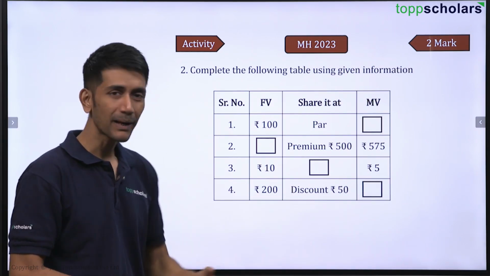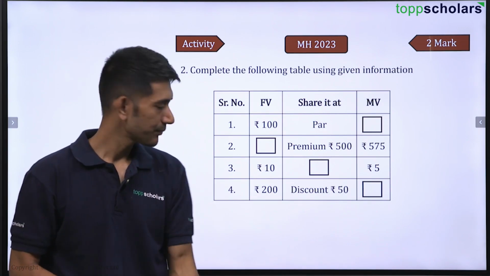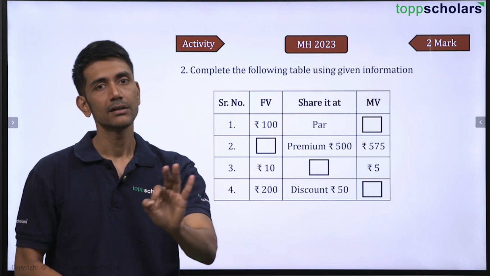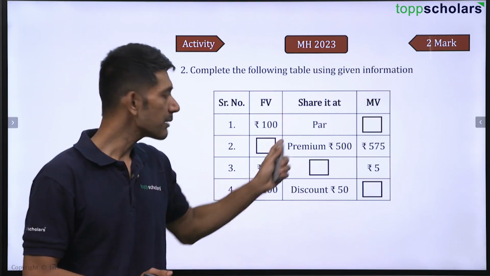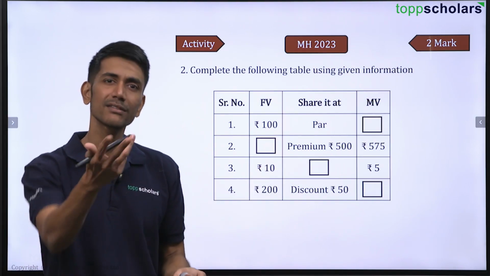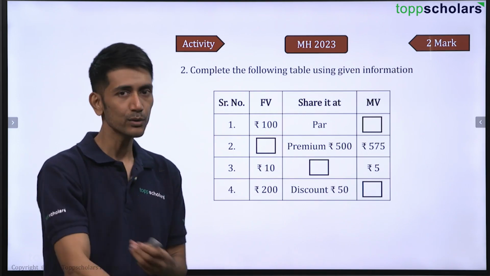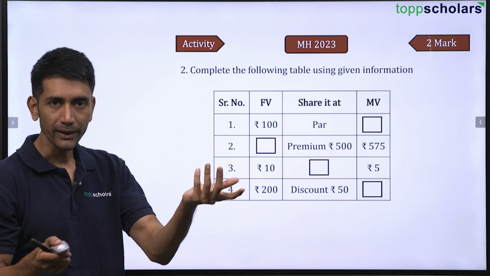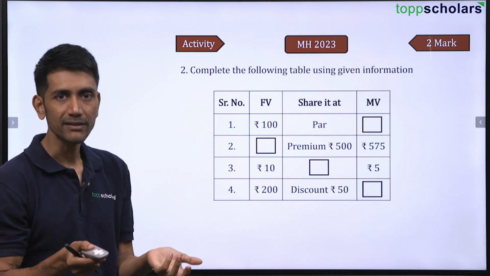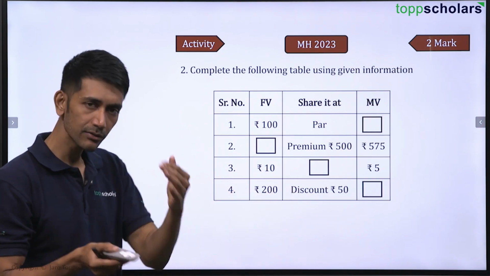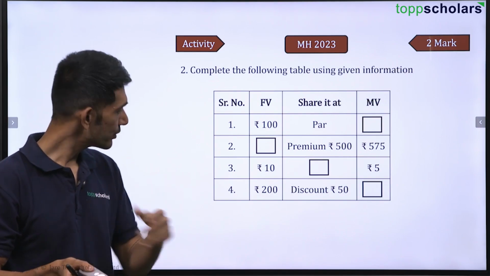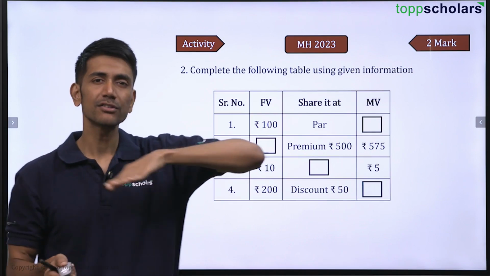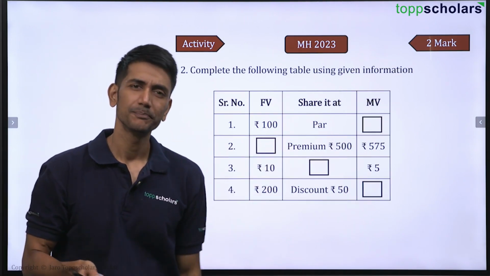And whenever the price of the share is at discount, that means the market value is less than the face value. Simple. Premium is more. Discount you already know. Discount means reduced, right? The same discount that we use when we go for shopping. We try to reduce the price, right? That is the discount. So discount is minus, it gets reduced. Premium is plus, it is costly. And at par means it is equal.